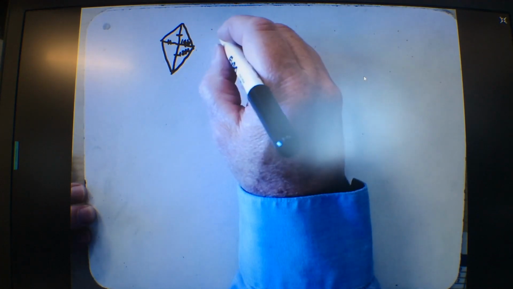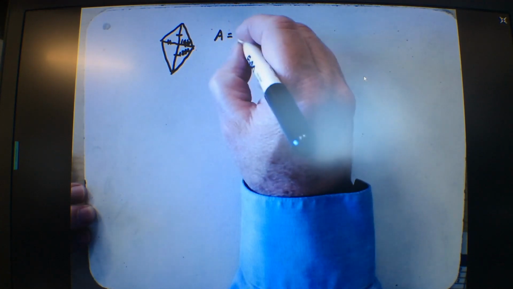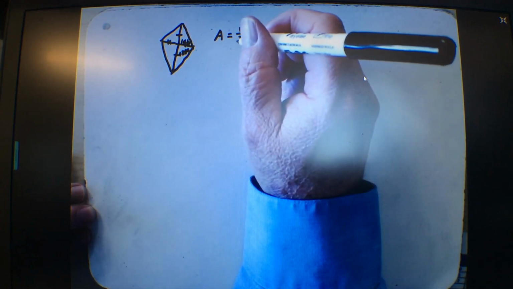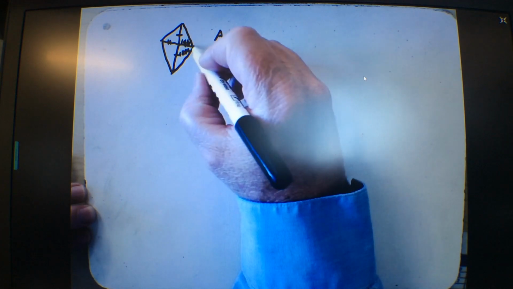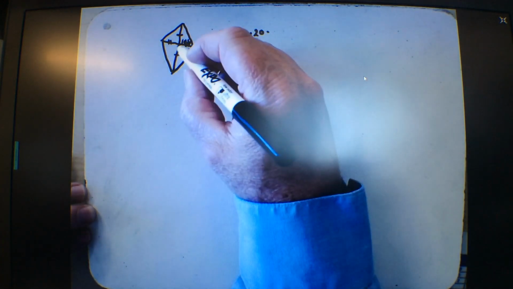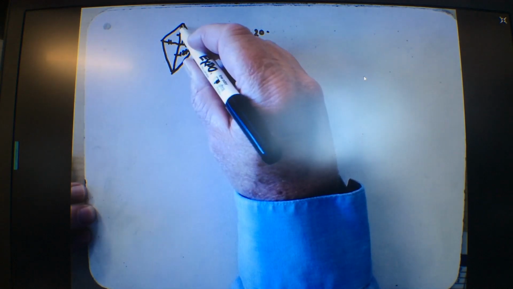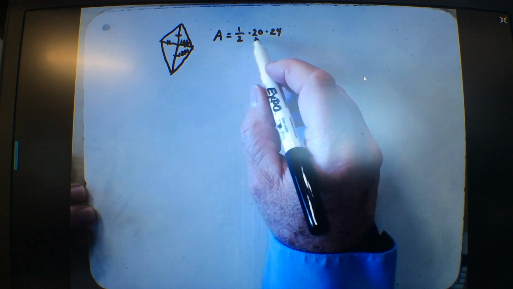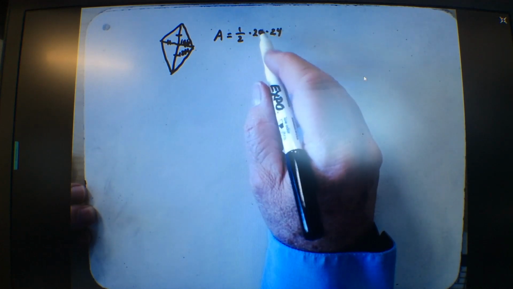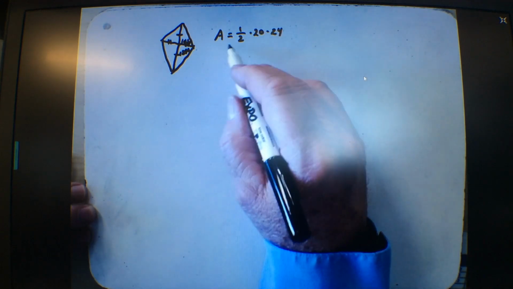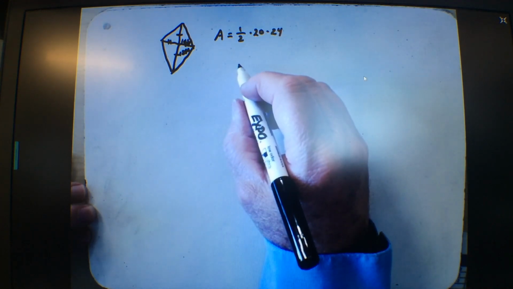All right, so the area is 1/2 times the diagonals. If it's 10 feet from here to here, the diagonal is 20. And if it's 12 feet from here to here, how far is it from here to here? 24. Now, if one of these numbers happens to be odd, can I move them around so I can put the 1/2 with an even number?